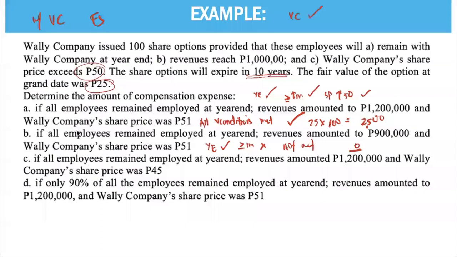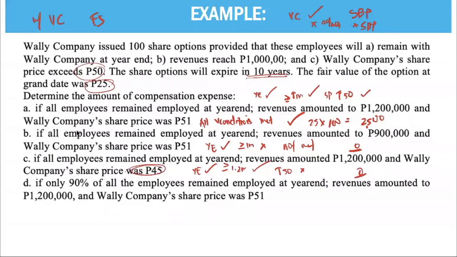So if the vesting condition is met, of course, there is a share-based payment. If the vesting condition is not met, then no share-based payment. Next, if all employees remained employed at year end, revenues are more than or equal to 1.2 million, and the company share price should be greater than 50. So this is not met because the share price was 45. Again, zero.